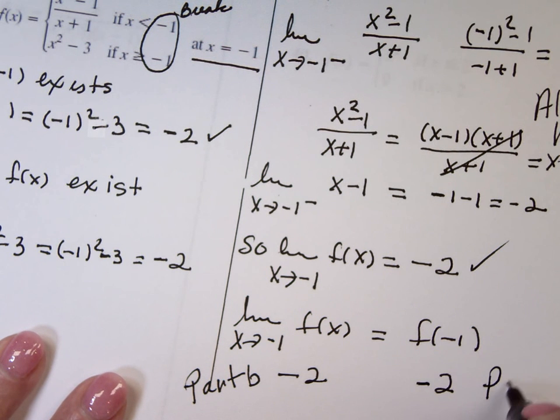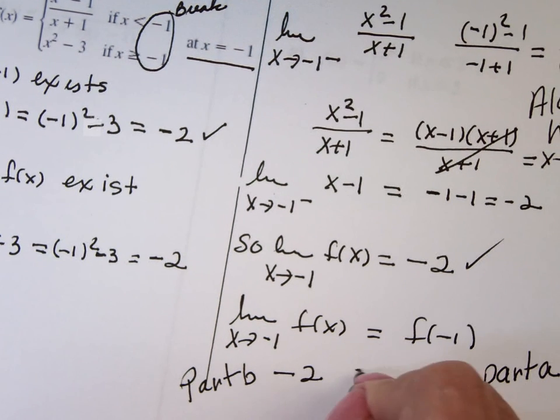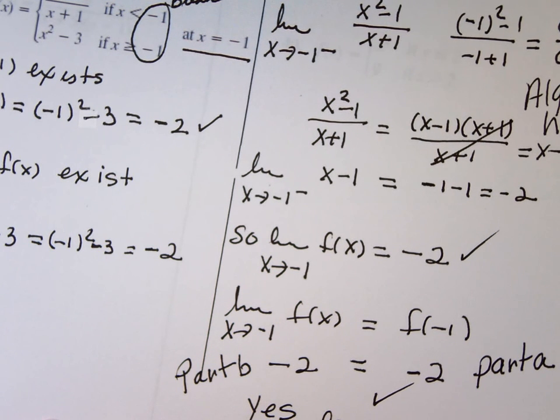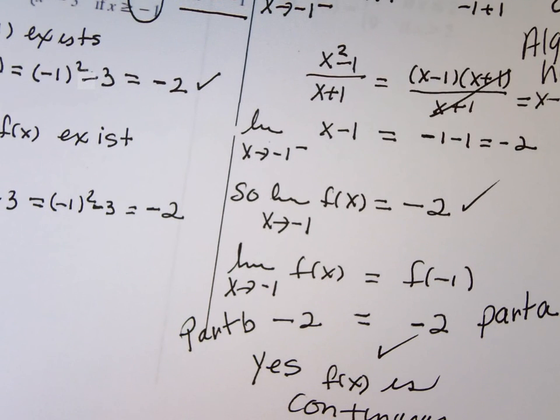This is part A. That says part A equals part B. So the answer is, yeah. The two graphs meet. They connect. At negative 1, they connect up.